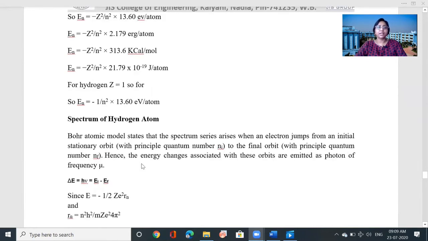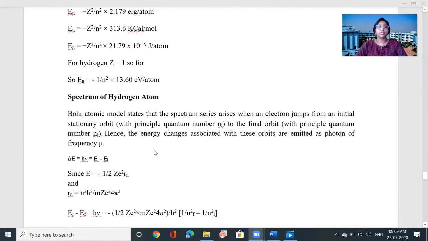Spectrum of hydrogen atom. Bohr's atomic model states that the spectrum series arises when an electron jumps from an initial stationary orbit with principal quantum number n initial to the final orbit with principal quantum number n final. This i is for initial, and this f is for final.